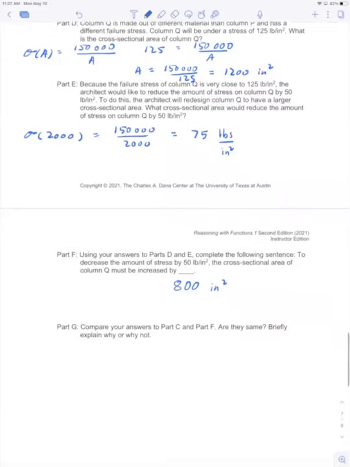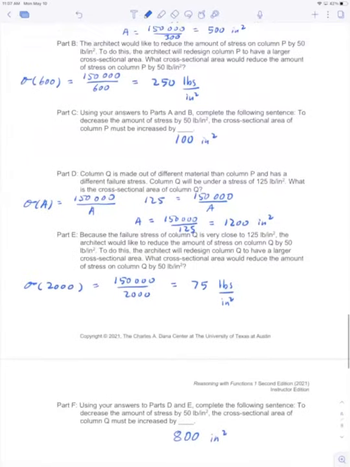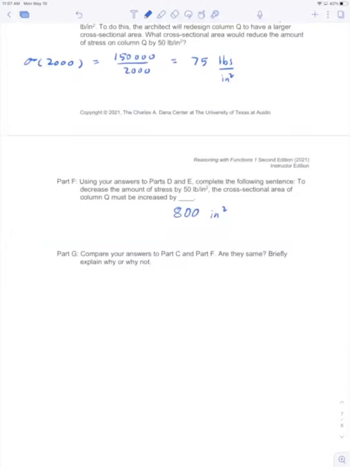They are not the same. So let's see. That was C and F. So if I go up to C, that's 100 square inches. Part F is 800 square inches. So definitely not the same. And we could even elaborate a little bit.